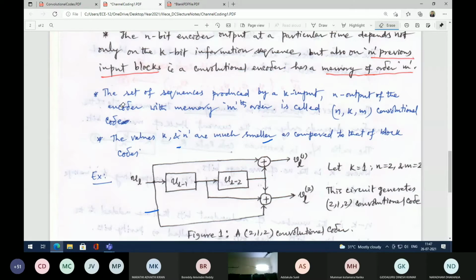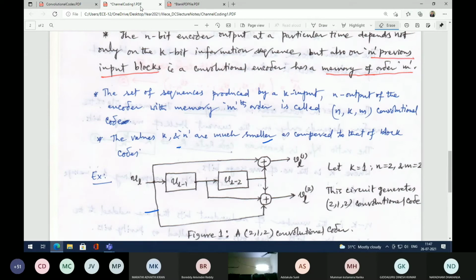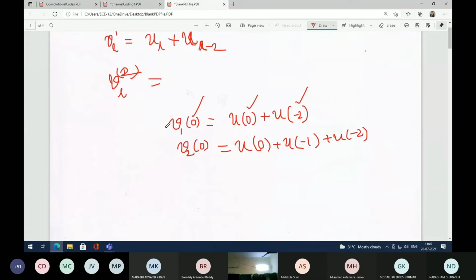The output of this is UL minus 2 and UL, right? These are the two outputs for a single half rate code.